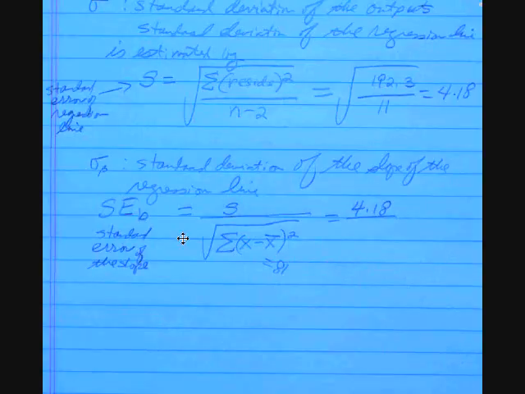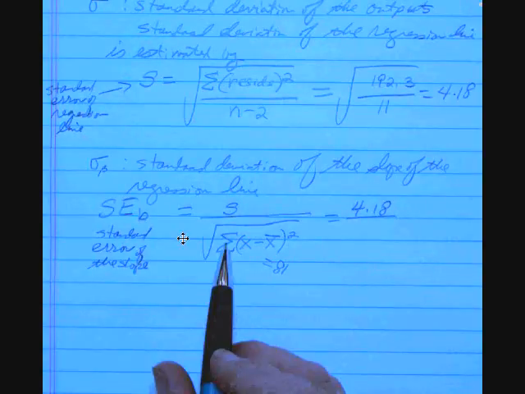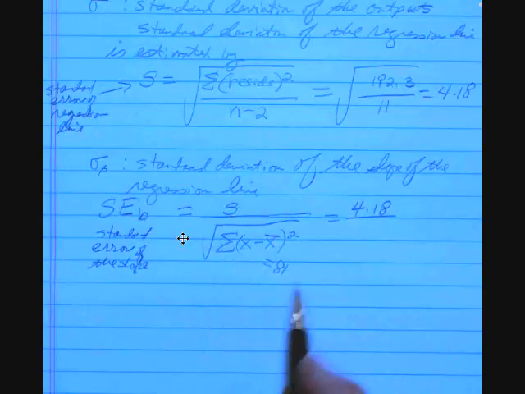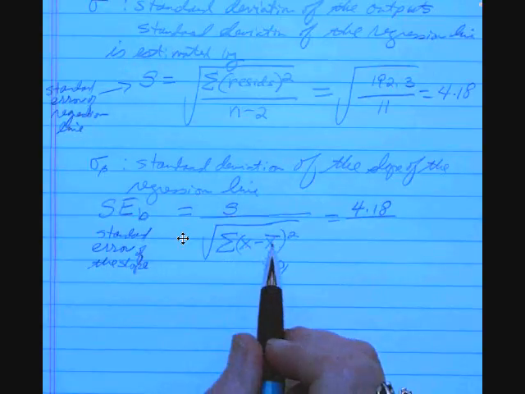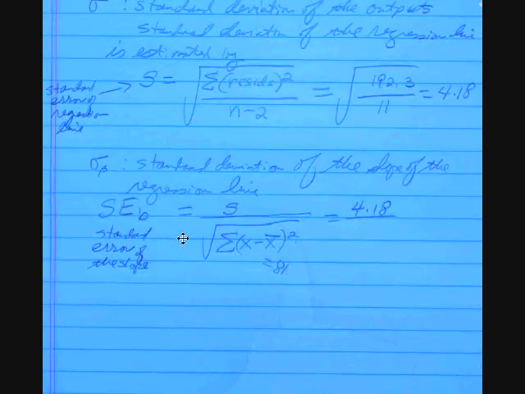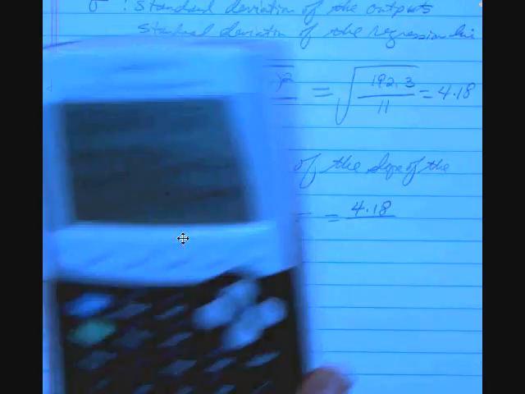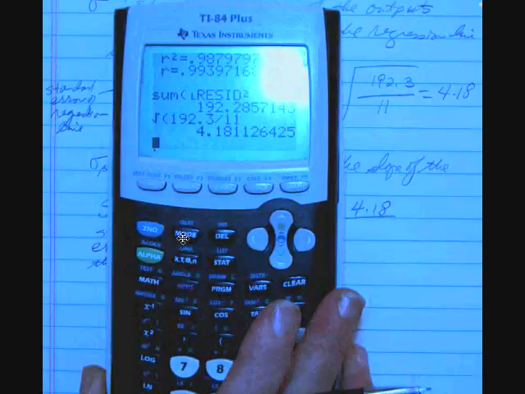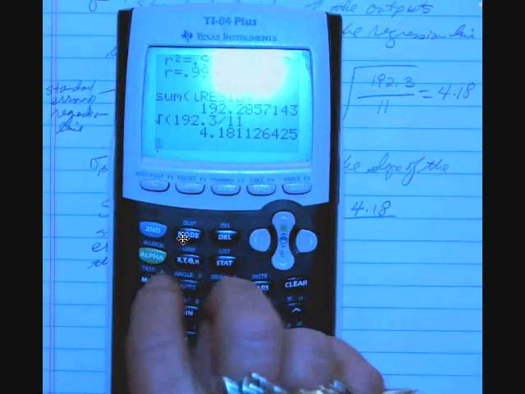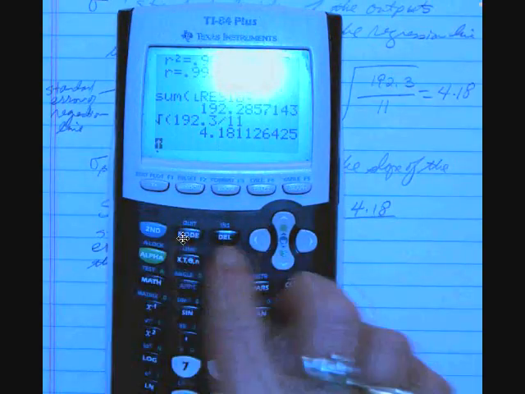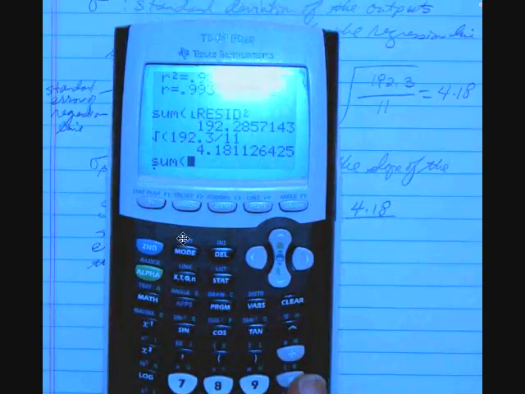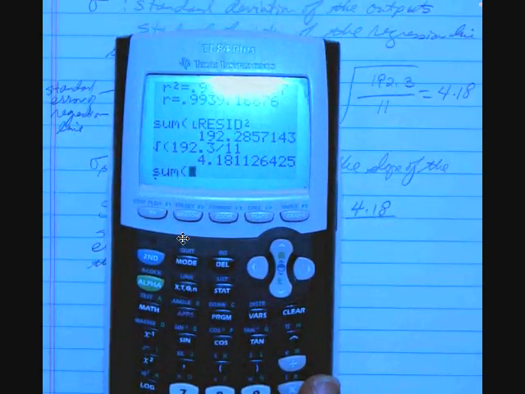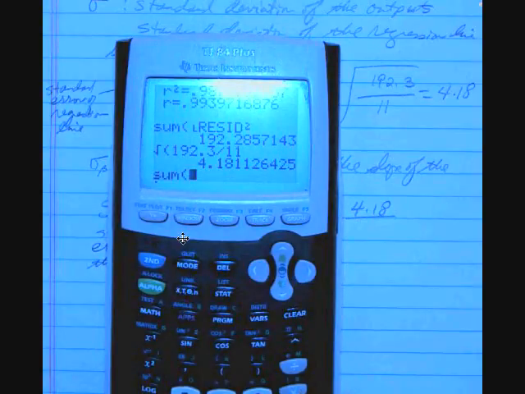Okay. So now if I want to get this number, I could take each value in list 1, subtract 81, square it, and do a sum. So let me see if I can do that in one step on my calculator. So I'm going to get that sum again. I think I need another parentheses.